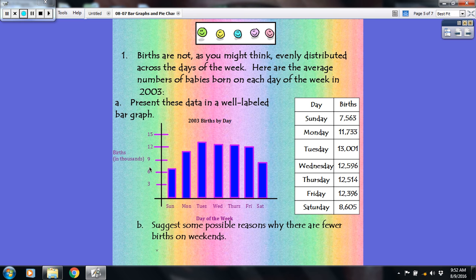So 3,000, 6,000, 9,000, 12,000, and I'm counting by 3. So I'm consistent with my numbering, and I've labeled it as births in thousands. And on the x-axis, I have my days of the week: Sunday, Monday, Tuesday, Wednesday, Thursday, Friday, Saturday. Now, I also gave my graph a title: 2003 births by day of the week.